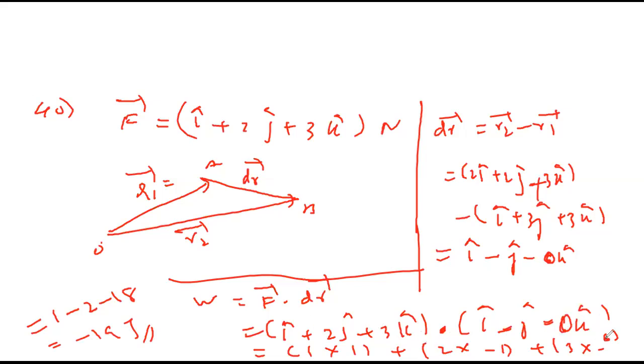That is here 0. So 1 into 1 minus 2 plus 0. 1 into 1 is 1. This is 2 minus 3. 2i plus 2j plus 3k is i minus 3j.